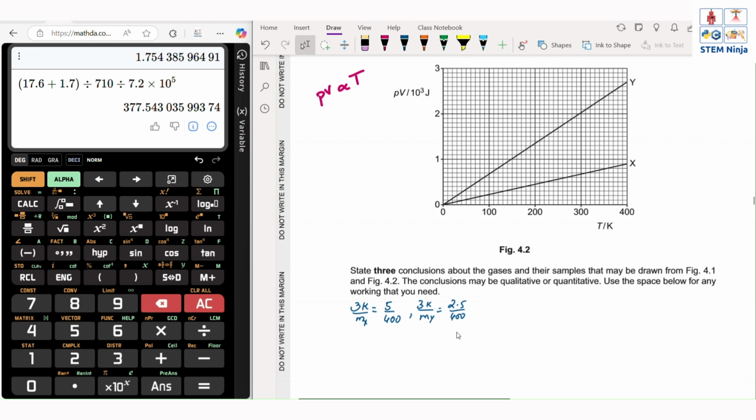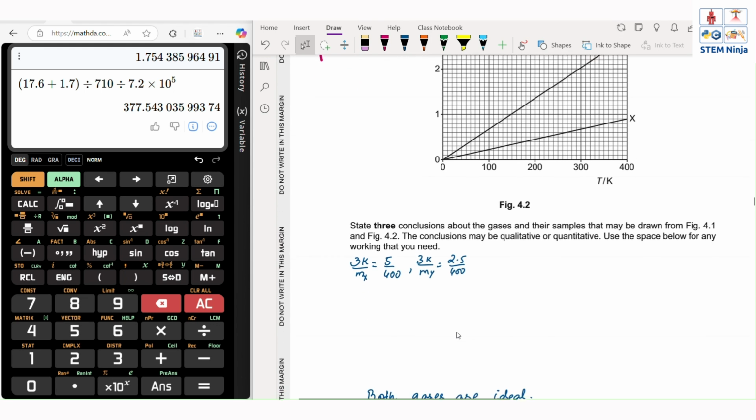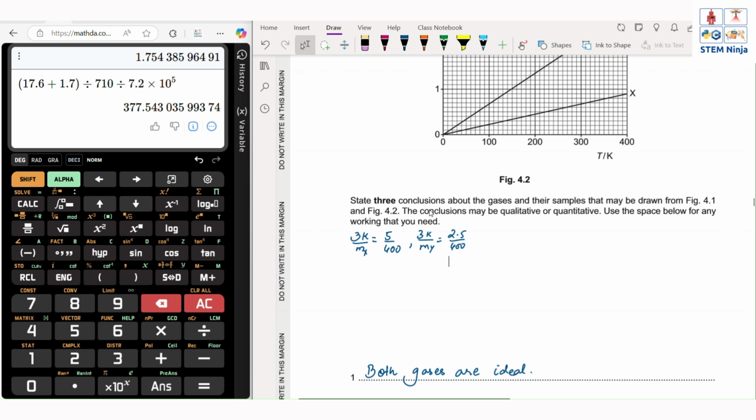Now, when we equate the 3k, because they are obviously equal, we can cross multiply. So 3k times 400 is equal to 5 times mx, which equals 2.5 my.